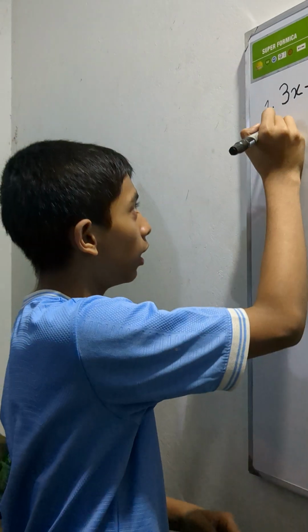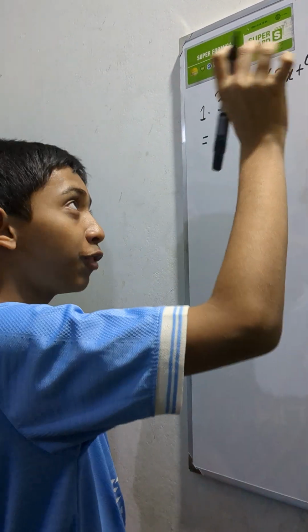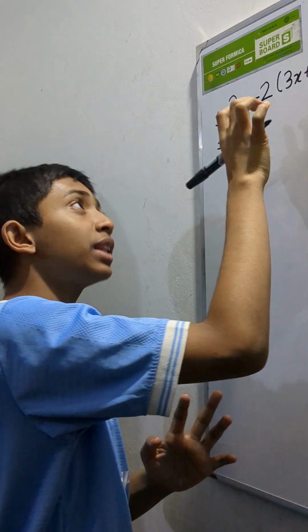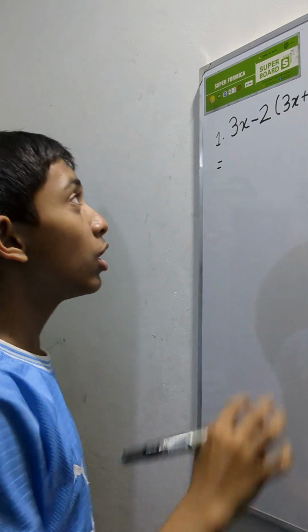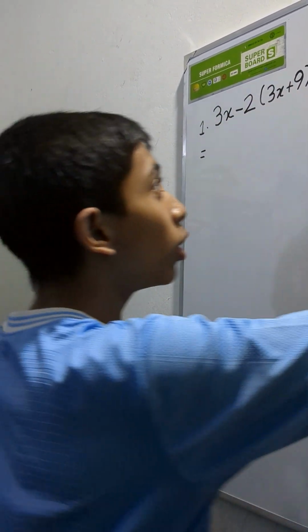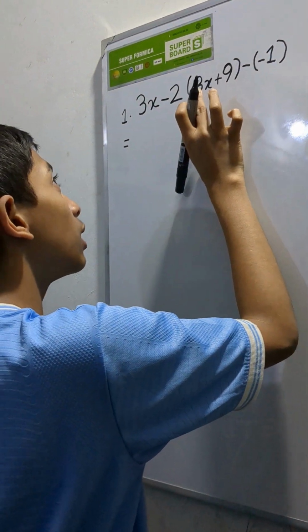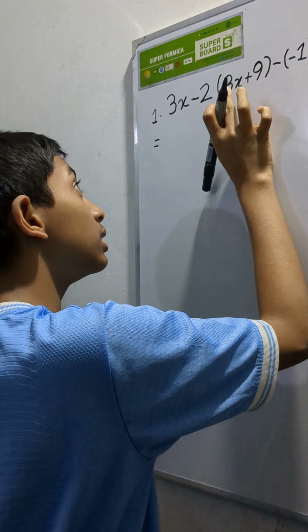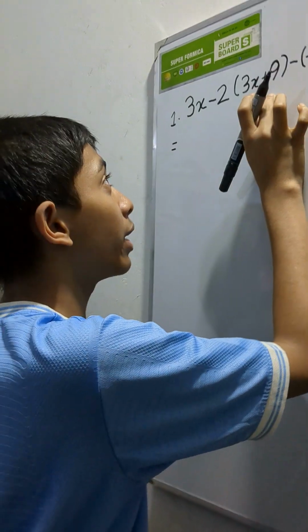So I'm showing you. In this type of math, at first we will work inside the bracket, and here's 3x plus 9. So we can't do anything here, because here's a variable and it is x, and 9 doesn't consist of any variable.